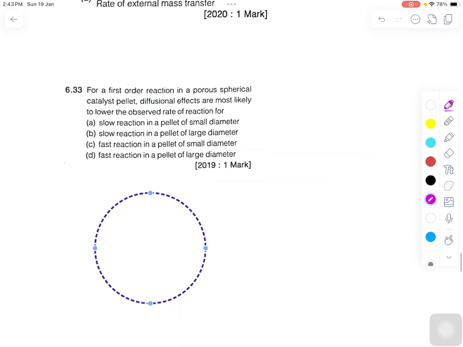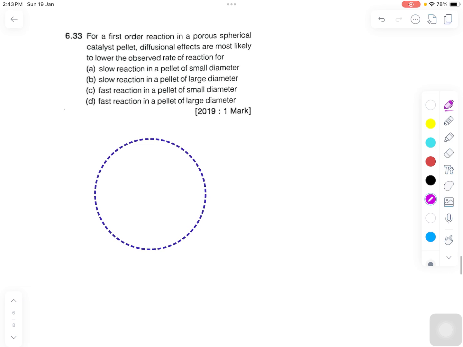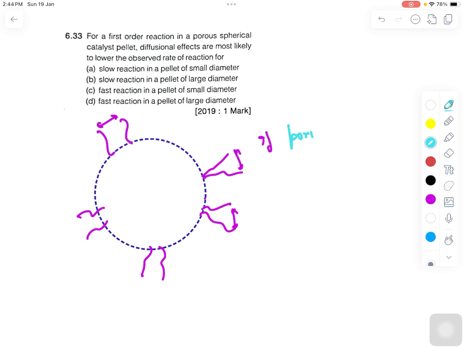Let's say, in a porous spherical catalyst, if you see that this is the pore diameter, if the pore diameter is large, then diffusion will be fast, right? Due to larger pore diameter, diffusion will be fast.